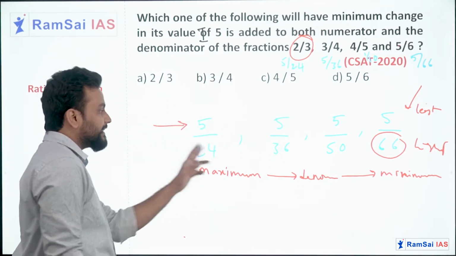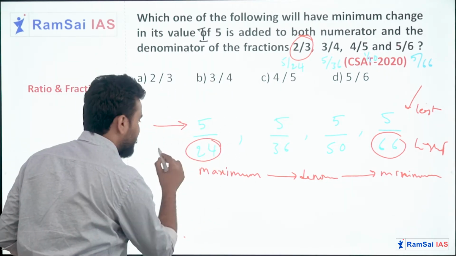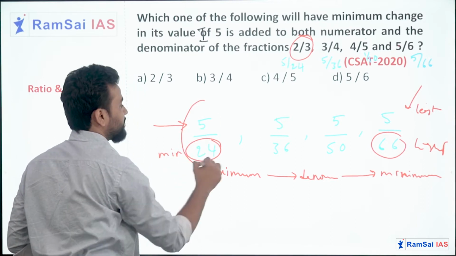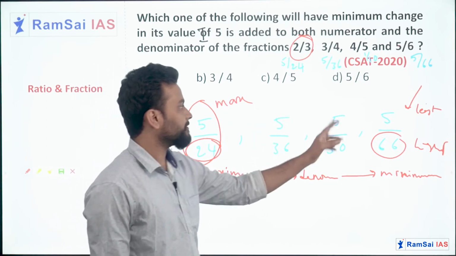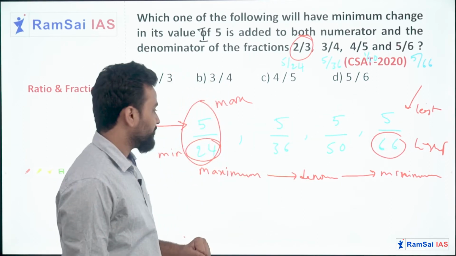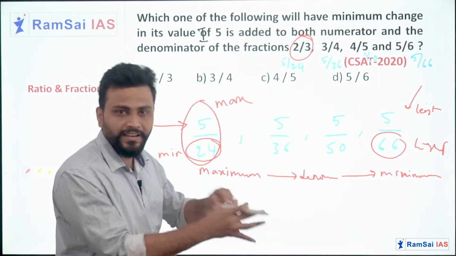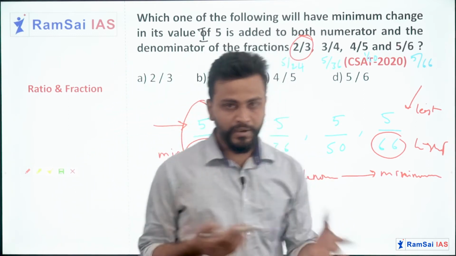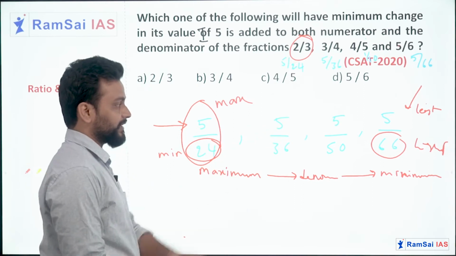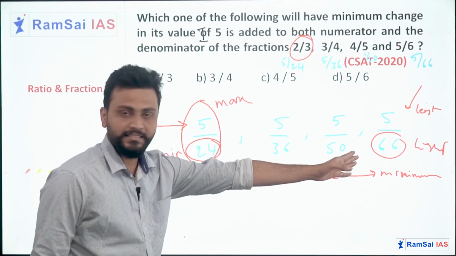If the value is the minimum in denominator, the total value will be the maximum. So from this, when you have 5 in numerator, check for the largest value in denominator, that gives you the minimum change. So where you have the largest denominator, the last one, 5 by 66.